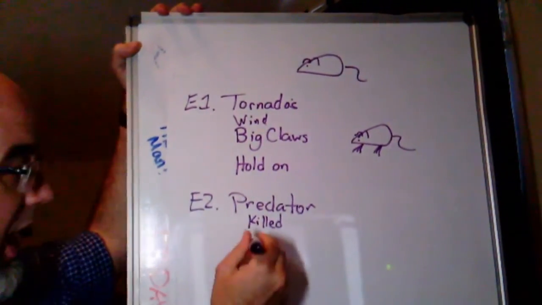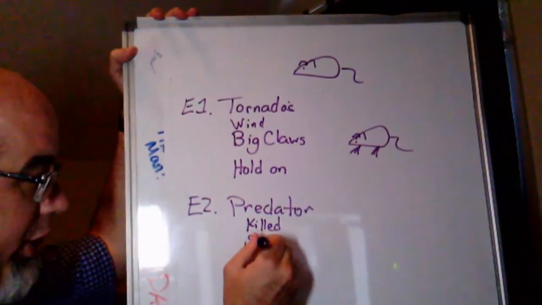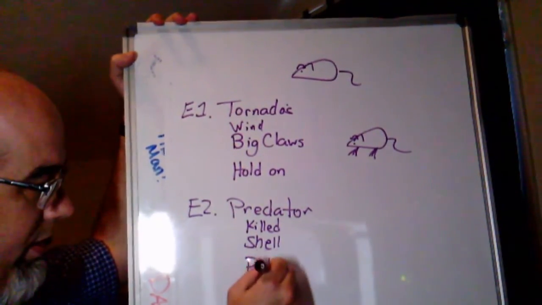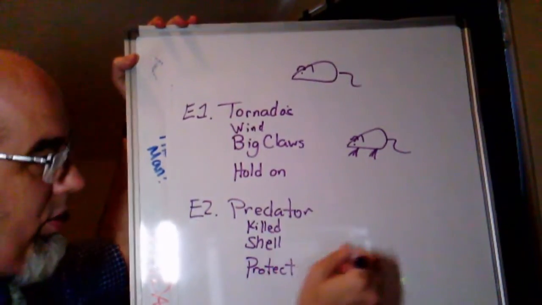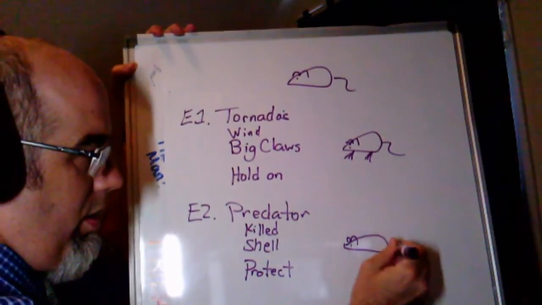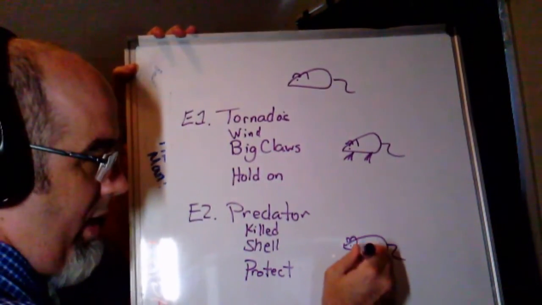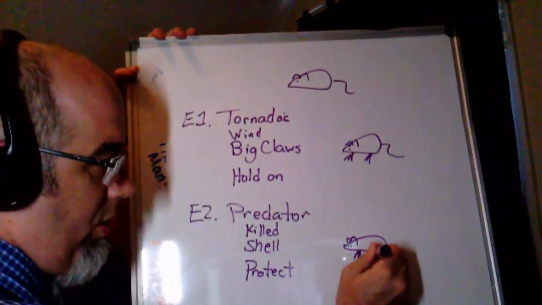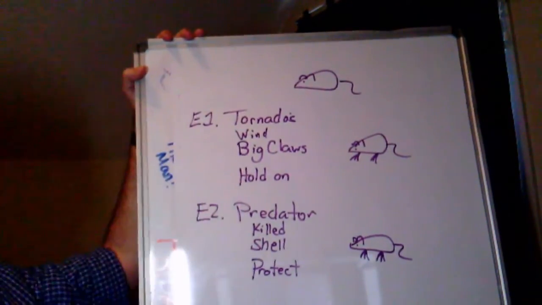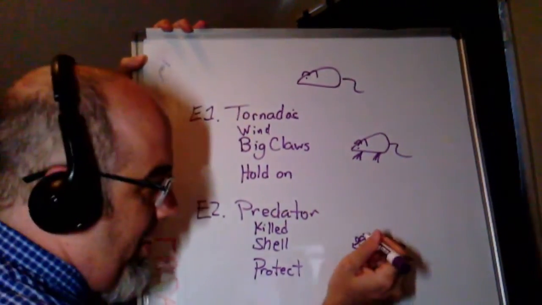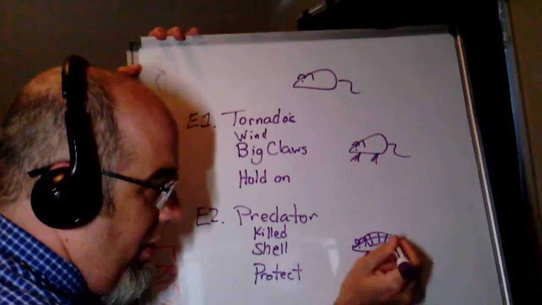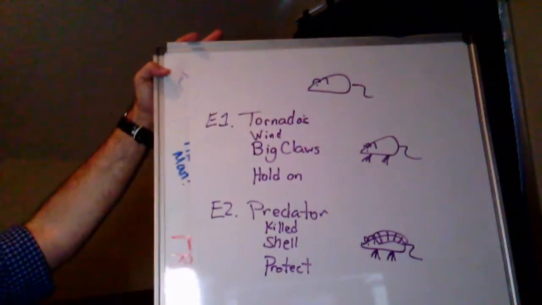I'm going to say let's go with a shell. Why? Because it will protect. So now when I draw the mouse, keep in mind, it still has those crazy claws because evolution is building up thing by thing, but now it also has a shell, like an armadillo.